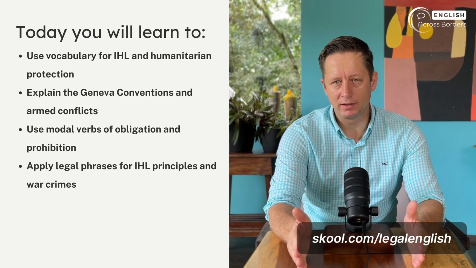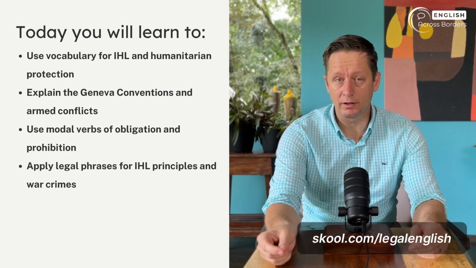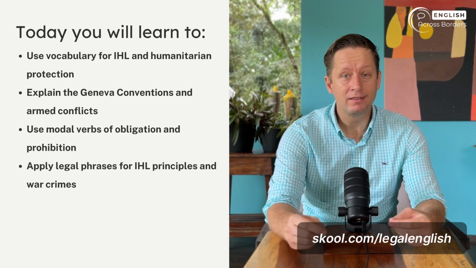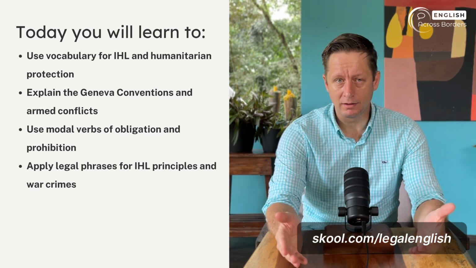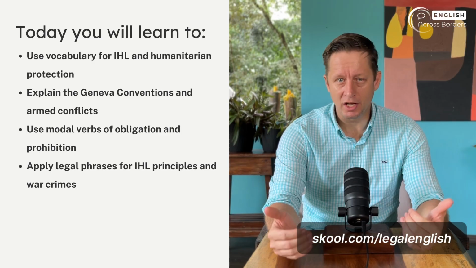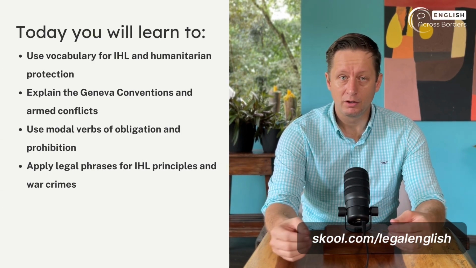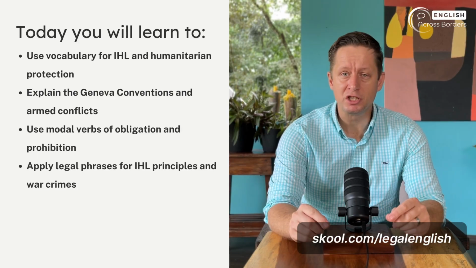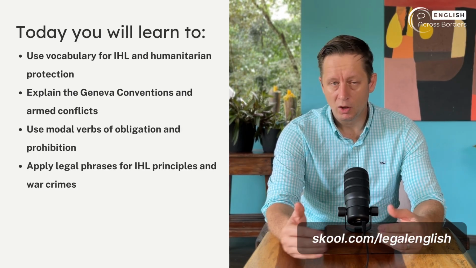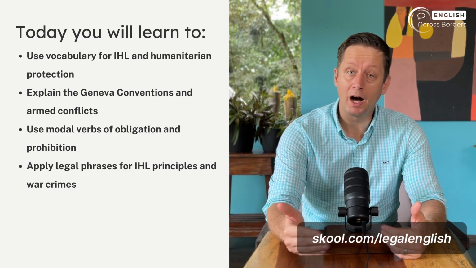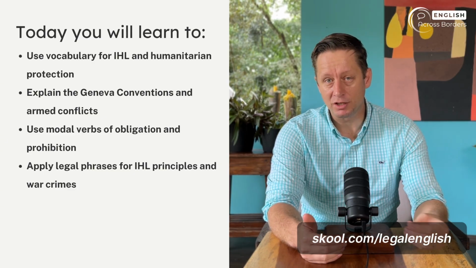By the end of this lesson, you will use vocabulary like humanitarian law, combatant, civilian, distinction, proportionality, war crimes, genocide, and international criminal court. You will understand the role of the Geneva Conventions and the types of armed conflicts. You will use modal verbs of obligation and prohibition to explain IHL rules.